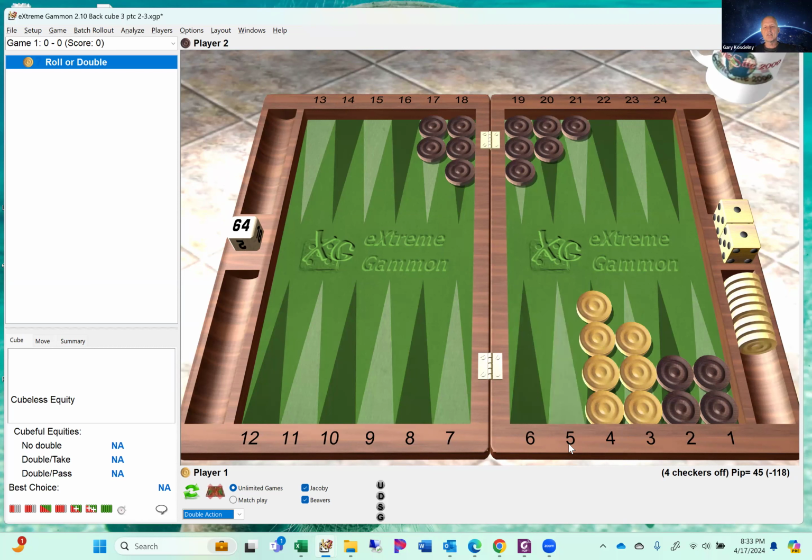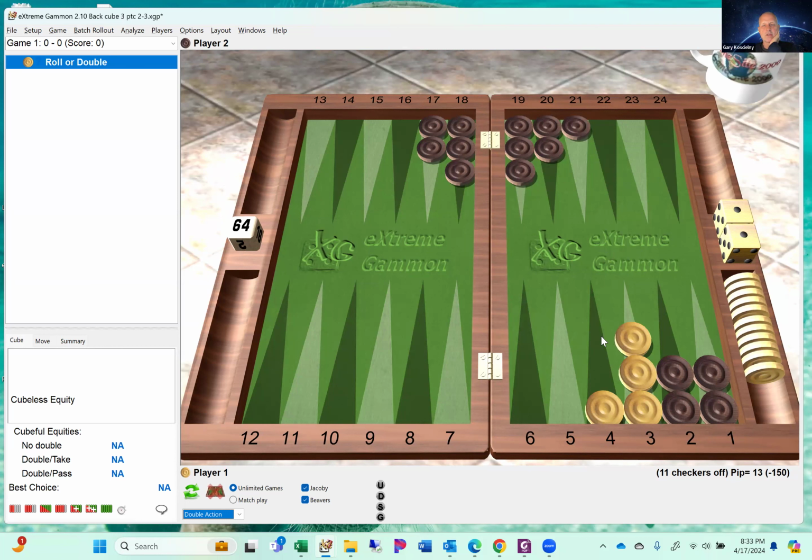So if you're down to this and you leave a shot, but you have 10 checkers off, or like here, you leave a shot, you're hit, and we've got 11 checkers off. Even if black does close you out, white is still favored to win because he's only got one checker, assuming black only gets to one checker. Wow. That's just because the number of checkers off matter as well.